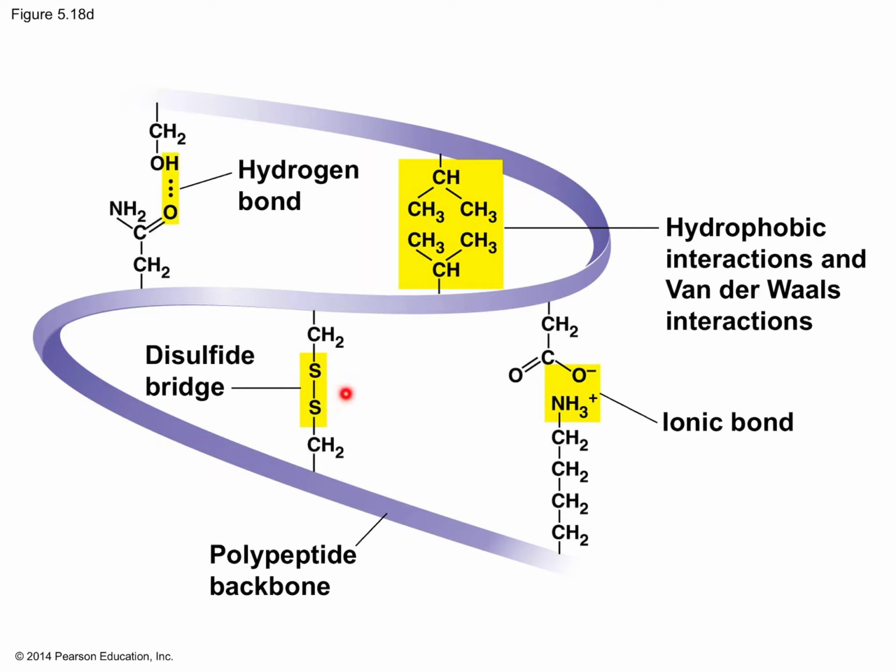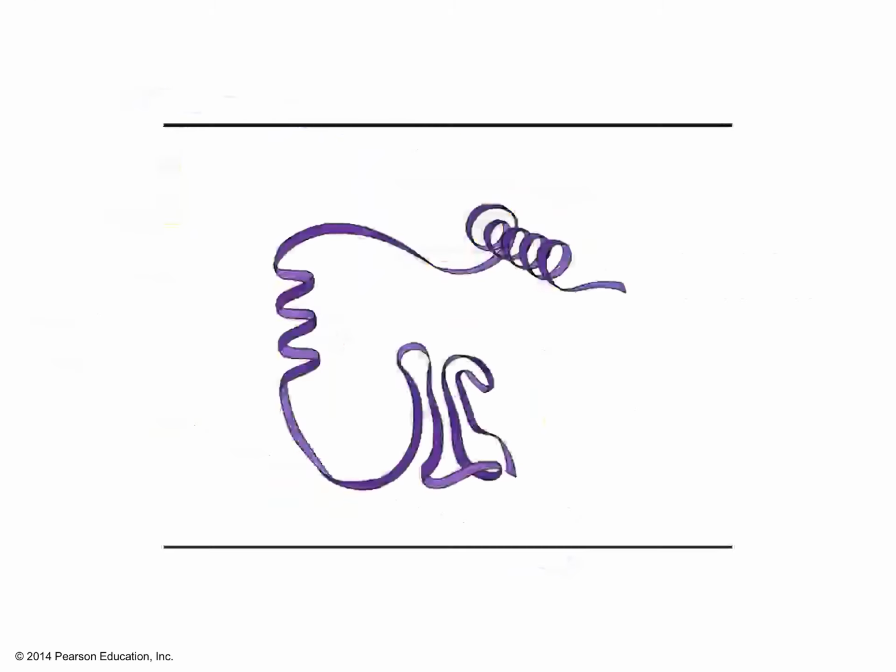If they happen to be adjacent to each other, like this one that has a sulfhydryl and this one, the two sulfur atoms of the sulfhydryl groups will covalently bond together in a very strong covalent bond called the disulfide bridge, and that can help to lock that loop in place. All right. So we have a number of different interactions here that help to cause tertiary structure to be what it is, and then once it forms, to lock it in place.